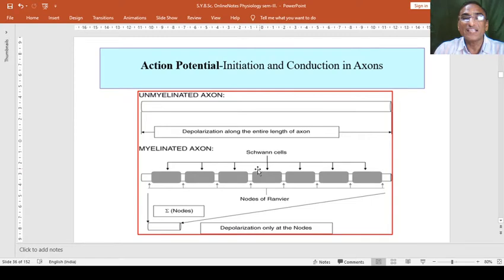This is also known as a Schwann cell because it works as a single simple cell, and between two such cells there is a node called the node of Ranvier. The actual activity of depolarization takes place at the nodes only, so these nodes are the sites of depolarization and repolarization.